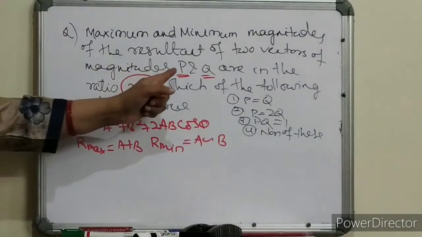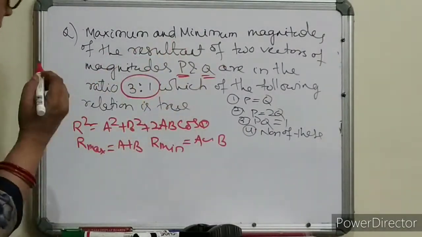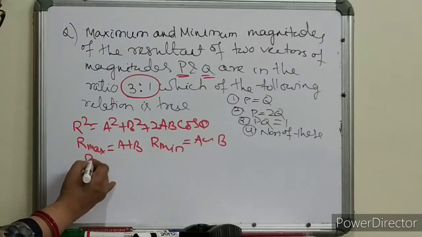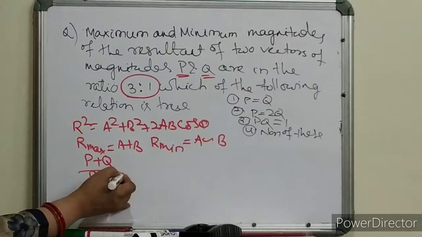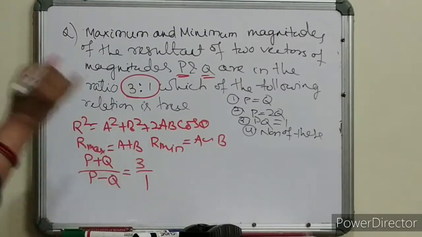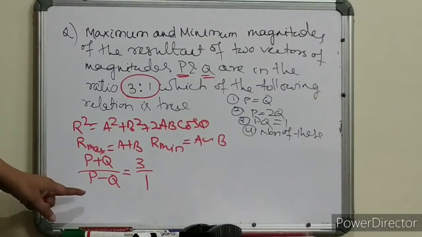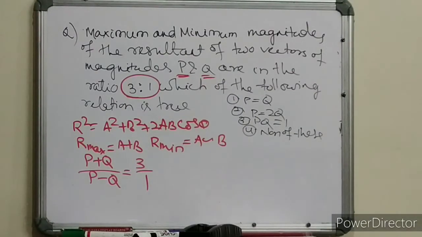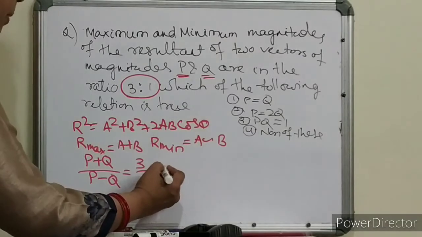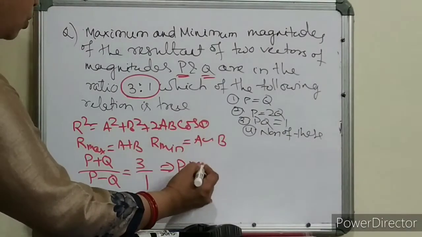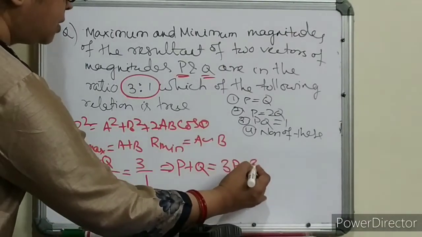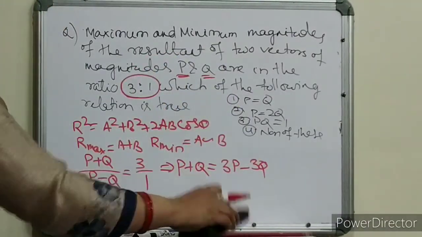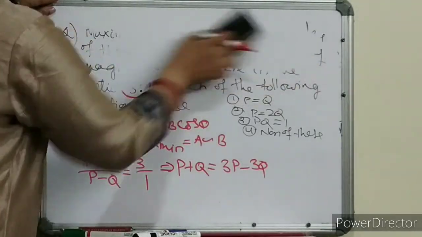So here two vectors are P and Q. That means the resultant ratio P plus Q divided by P minus Q is 3:1. Is it visible, children? P plus Q over P minus Q equals 3:1. Cross multiply: P plus Q is equal to 3P minus 3Q.